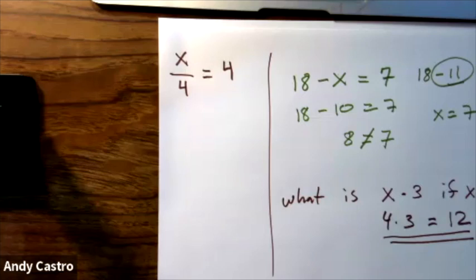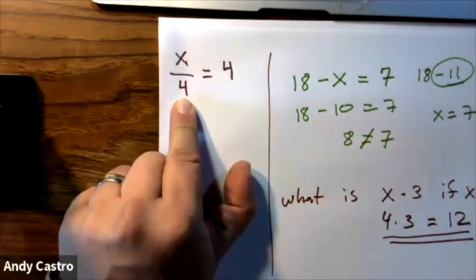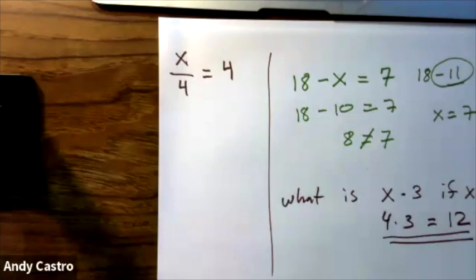Okay, a couple more. Okay, good. This one's a little bit more difficult. I have a number and I divide it by 4, it has to equal 4. Okay, good. All right, let's go through some of your answers.